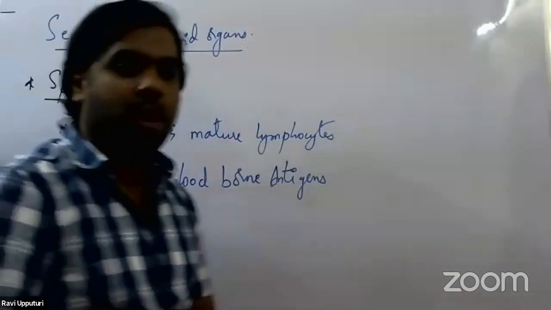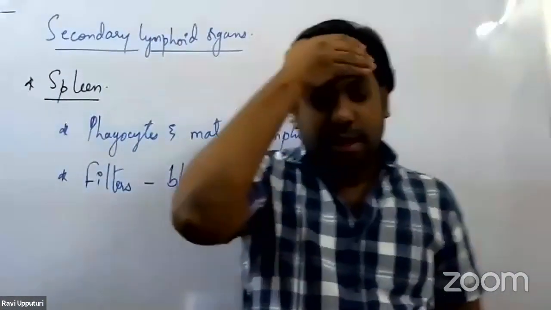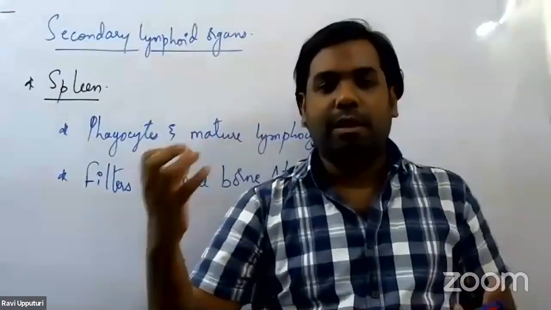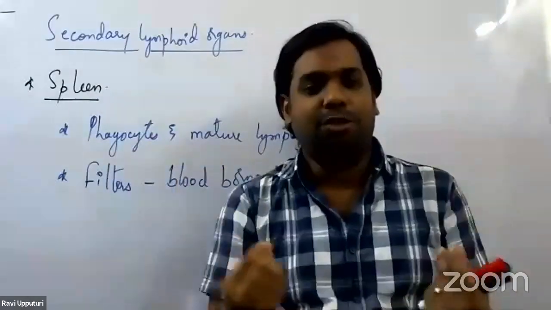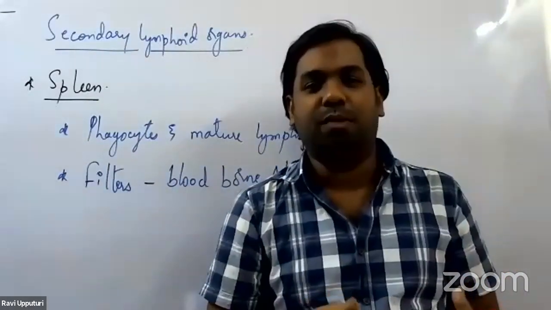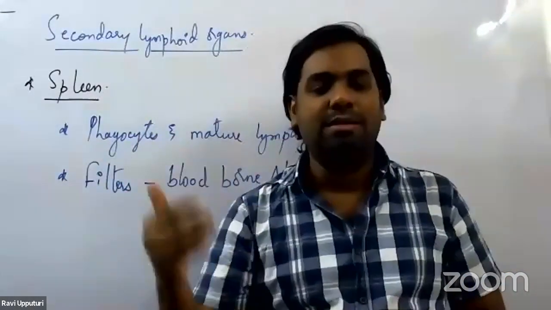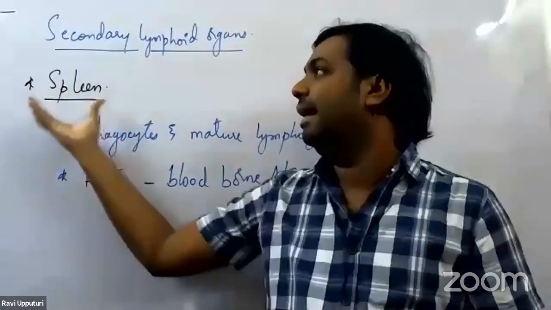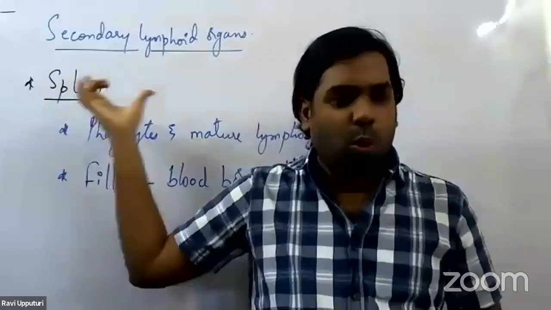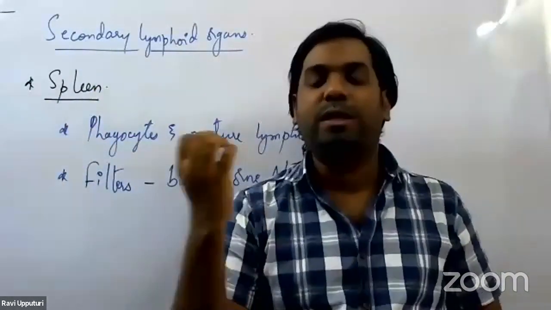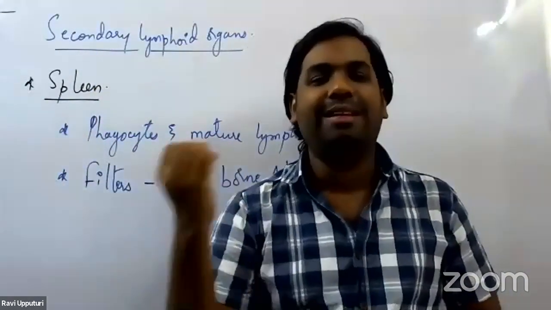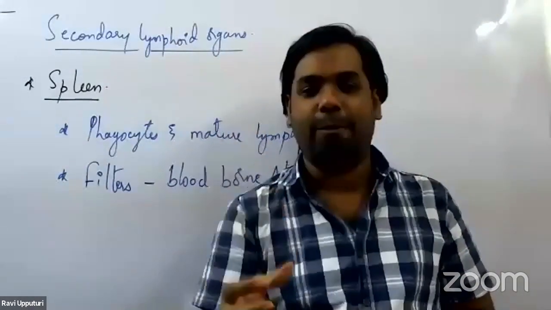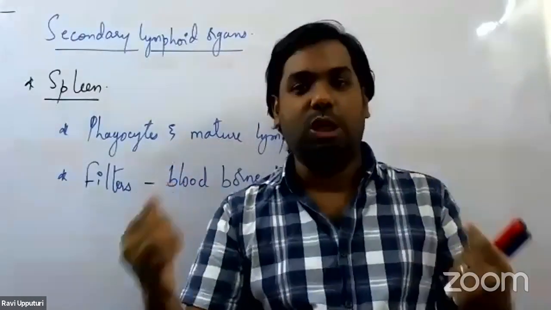So what does this mean? Whenever an antigen enters inside our body, that particular antigen usually enters into the bloodstream. It enters into the blood circulation. As it passes through different parts of the body, it usually comes and gets trapped here in the spleen. So what the spleen does is, it will start filtering all the antigens that are present in the blood circulatory system.